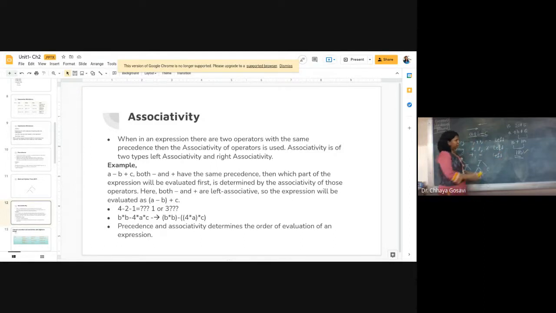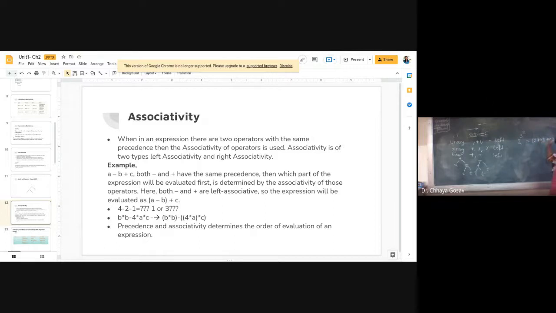Only the power operator is right associative. If we have 2 raised to 3 raised to 2, how do we put it in terms of expressions? 2 raised to 3 raised to 2.